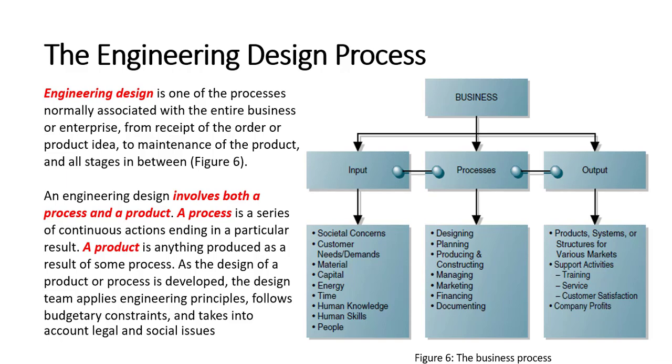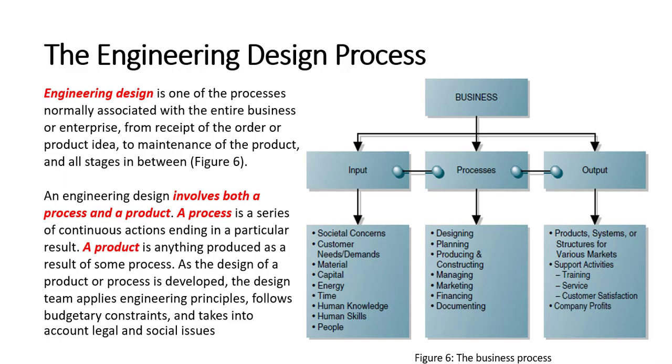An example of human knowledge input is an engineer's knowledge of graphics, mathematics, and science. Such knowledge is used by the engineer to analyze and solve problems. An engineering design involves both a process and a product. A process is a series of continuous actions ending in a particular result.